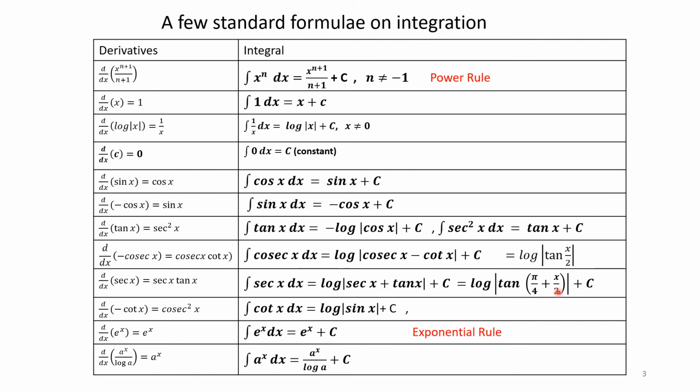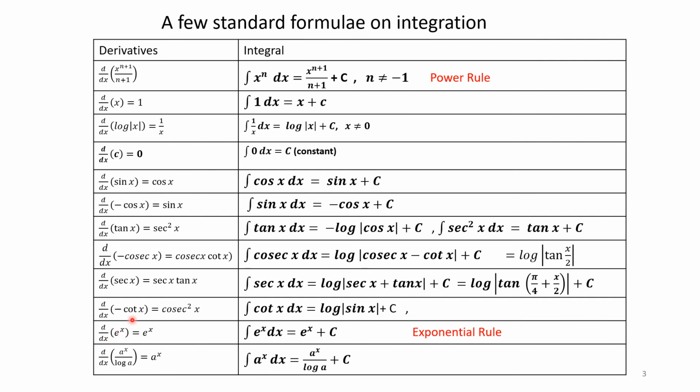It is in terms of half angles plus c. The next term is d by dx of minus cot x equals cosecant square. We know that. Therefore, integral of cot x dx is equal to log of mod sin x plus c.